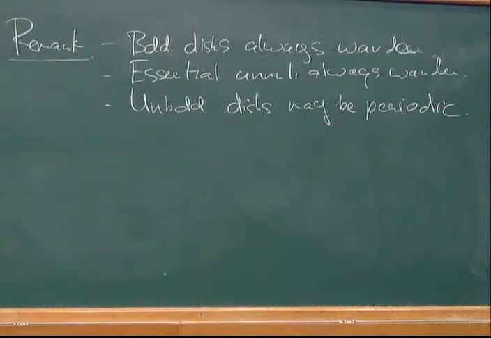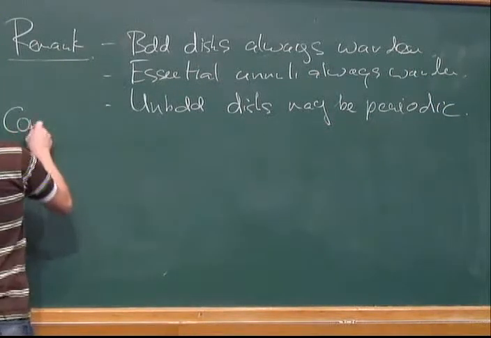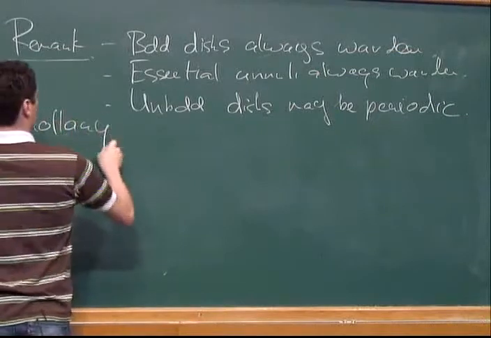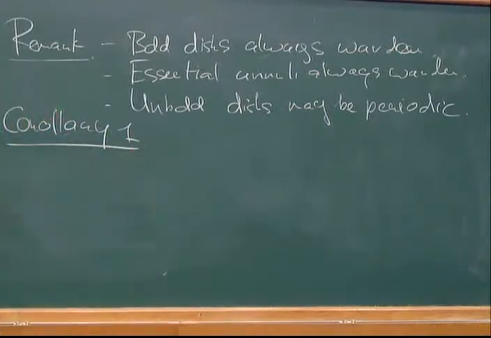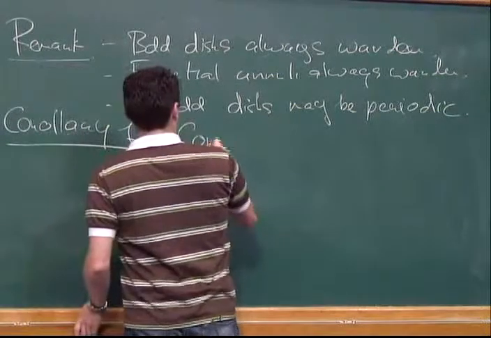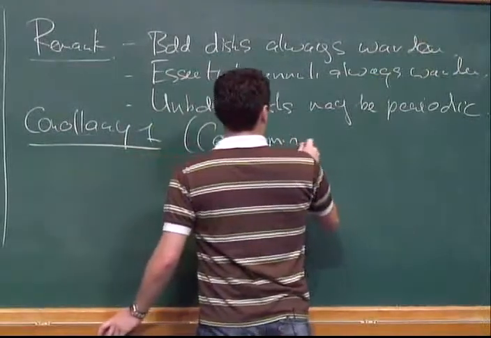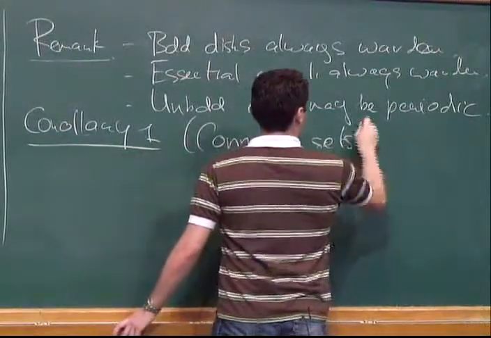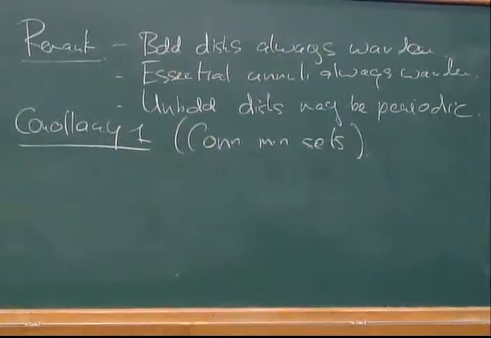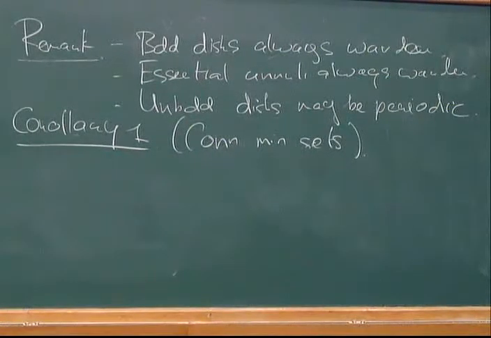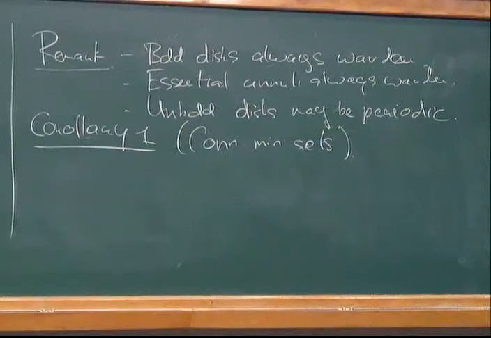Okay, so let's write down a couple of corollaries. Which minimal sets are connected? Well, you can sort of eyeball what you have. If you have a Cantor set or extension thereof, that's not going to be one connected component.